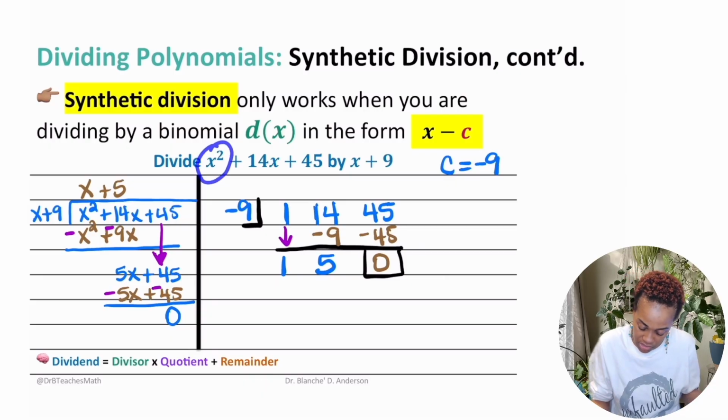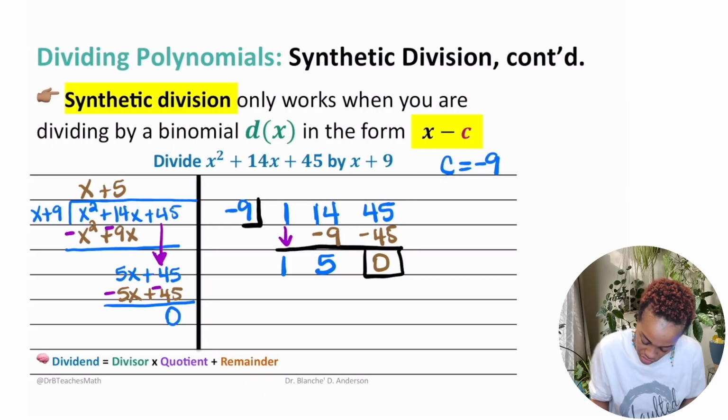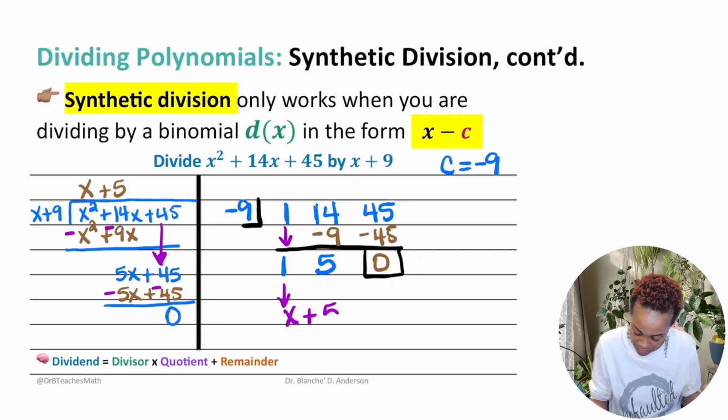So if this is x squared, 14x, and the constant, 9, this translates, now you go 1 degree less, so this becomes your x plus 5 right here.